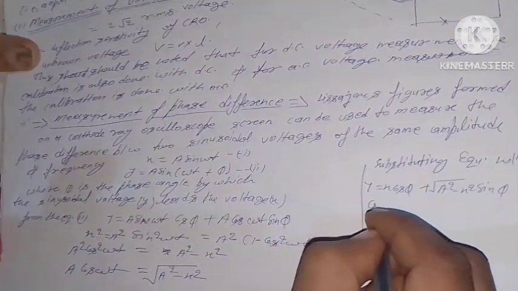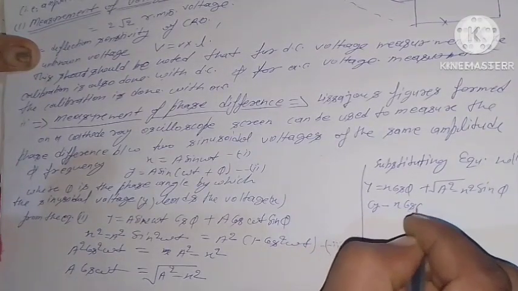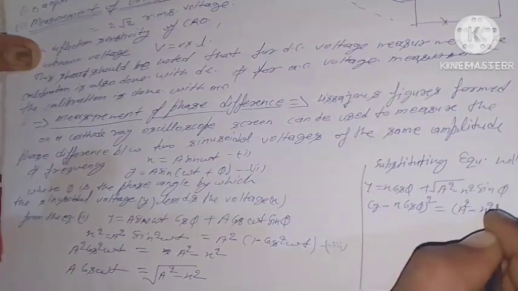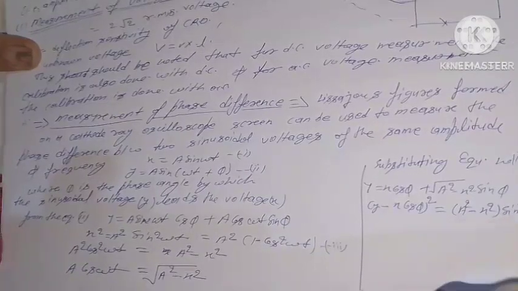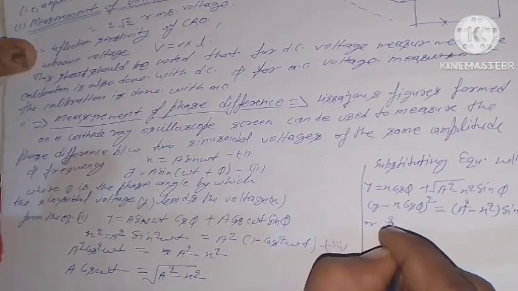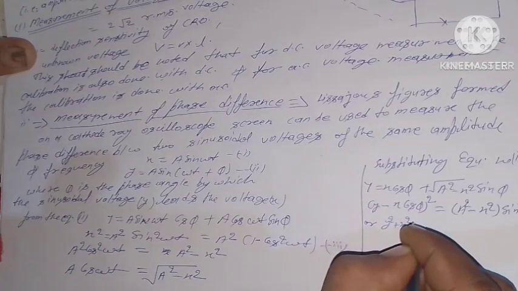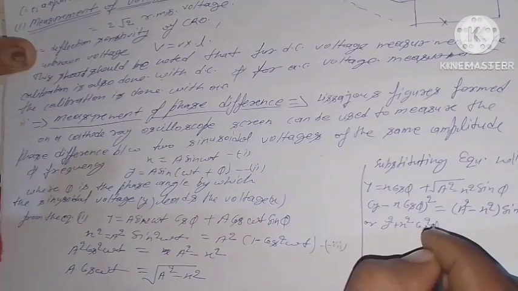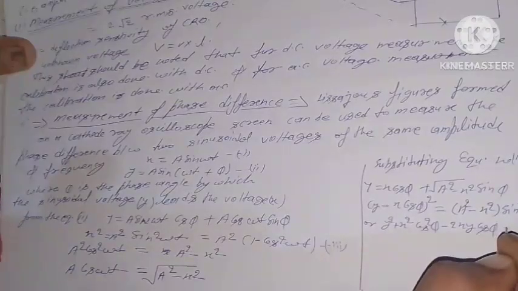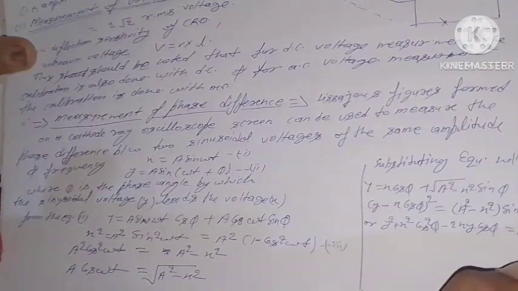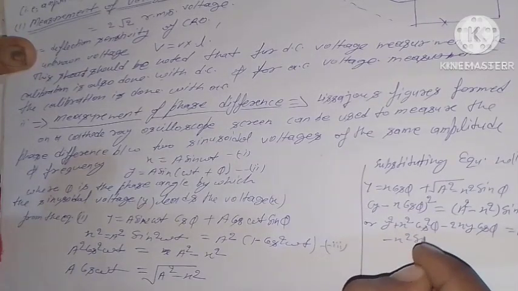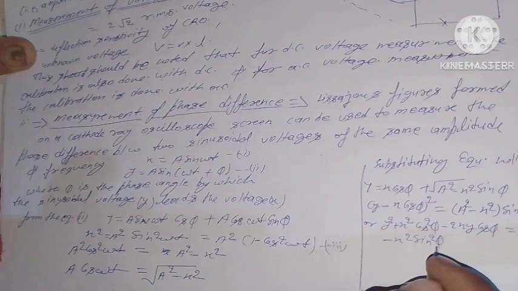Then y minus x cos phi whole square equal to a square minus x square sine square phi, or y square plus x square cos square phi minus 2xy cos phi equal to a square sine square phi minus x square sine square phi.